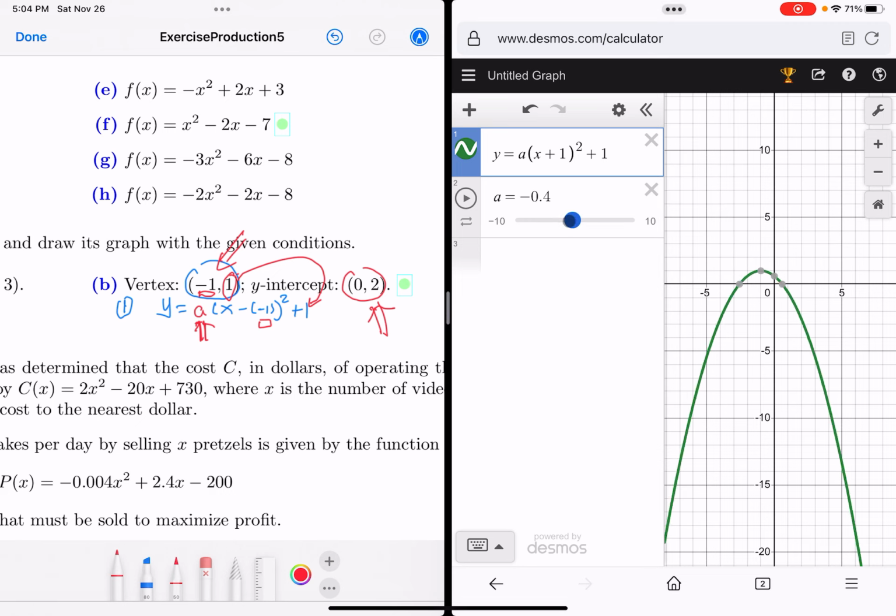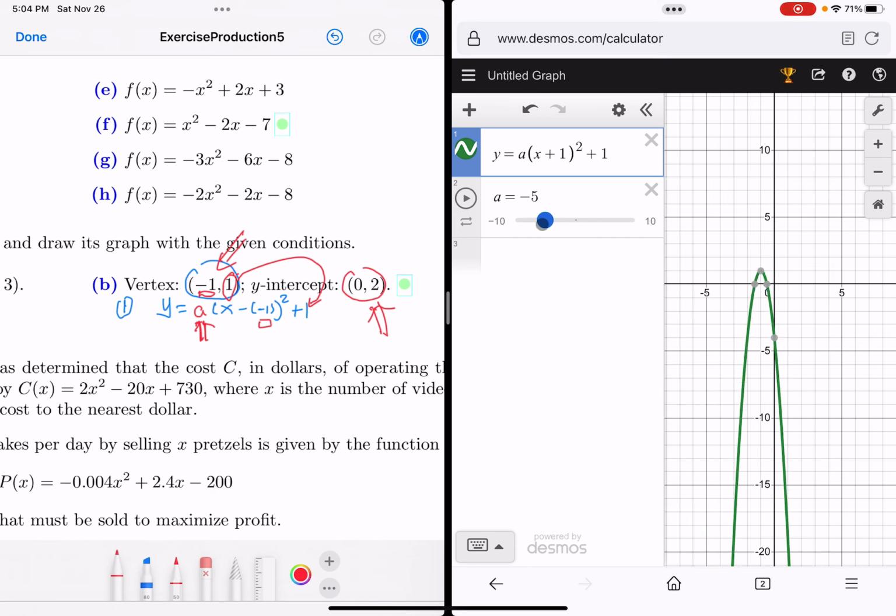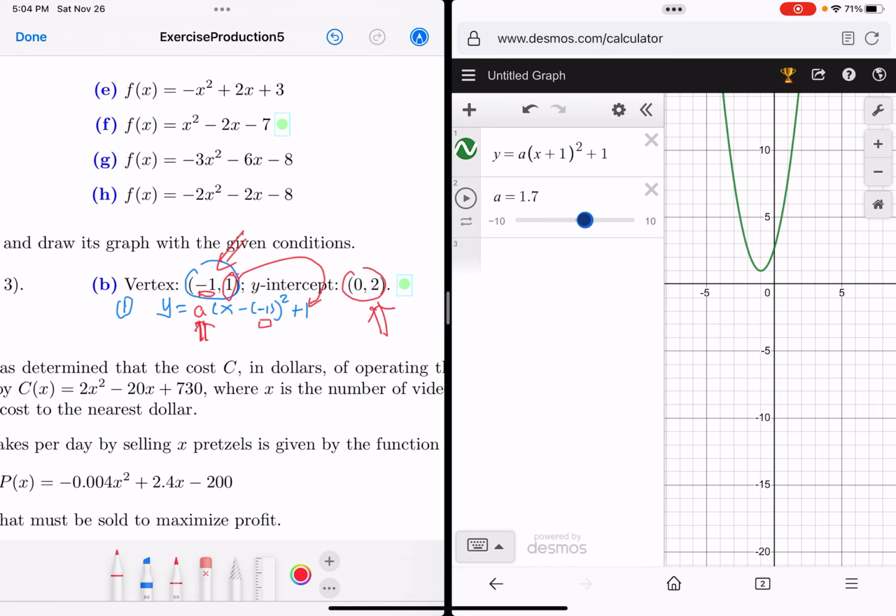And you see, when I choose a different value for a, here I choose -5, the picture will act in this way. If I choose a positive value 3, it will act this way. Then if I move a, let's say choose 1, then you have the y-intercept, which is 0, 2.